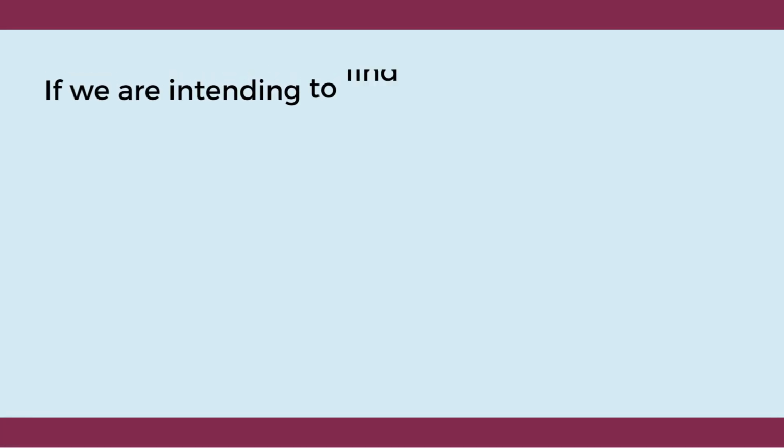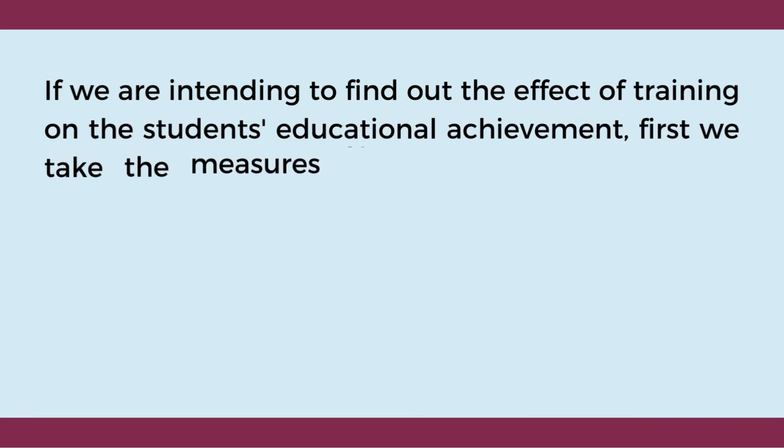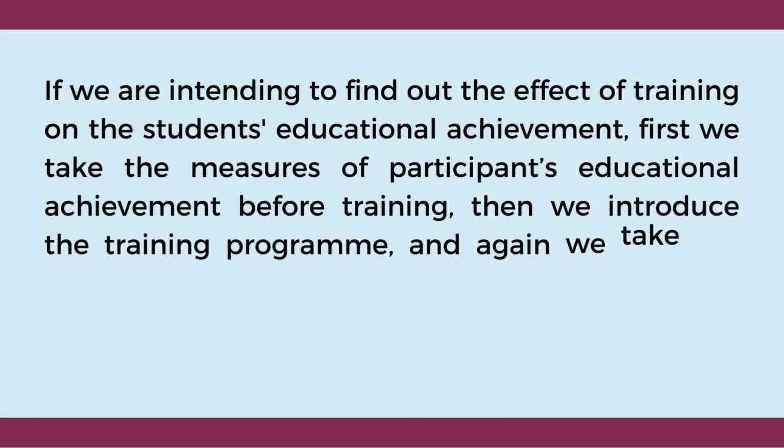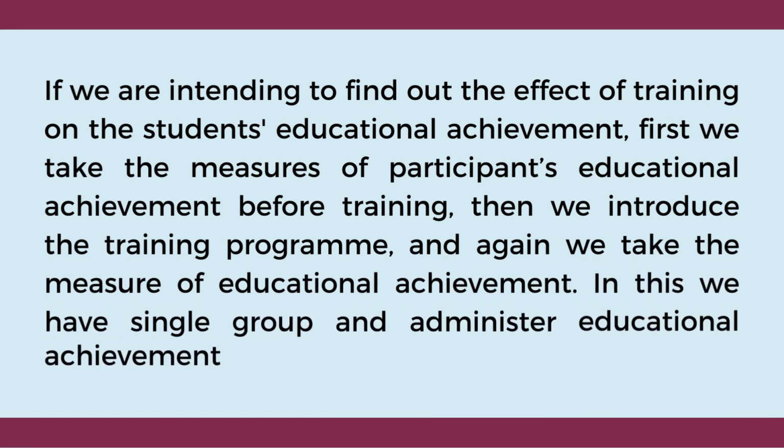For example, if we are intending to find out the effect of training on students' educational achievement, first we take the measures of the participants' achievement before training, meaning before the intervention, and then we introduce a training program, and again we take the measure of educational achievement. In this we have a single group and administer the educational achievement test twice. So here we have two situations.